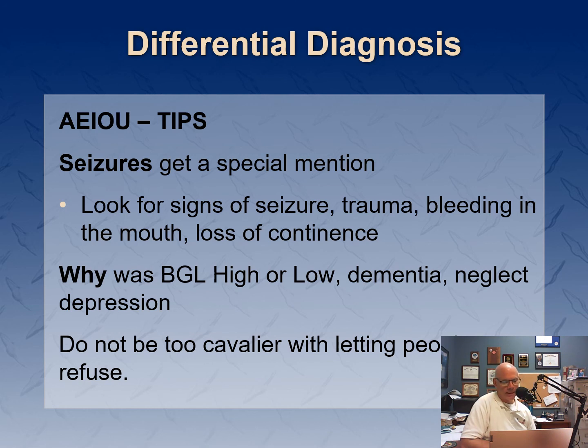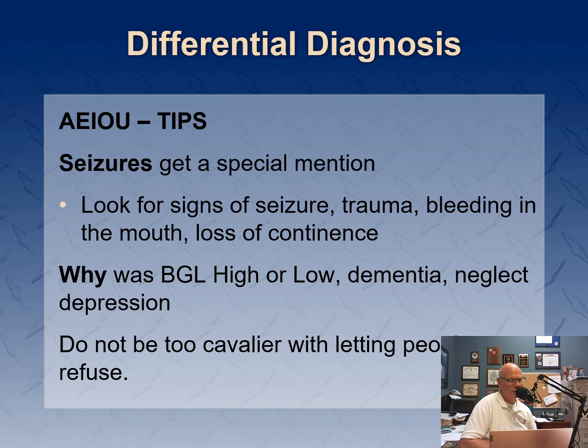The I in AEIOU TIPS could be infection or insulin. We're already dealing with the insulin problem, so we'll call that infection. So look for the signs of sepsis and check for a fever. O is overdose, usually thought of for the O, but it also could be oliguria, which is a low amount of urine. And then U is uremia, which is another time where you're worried about kidney issues.